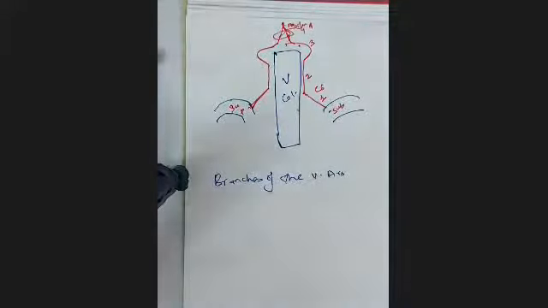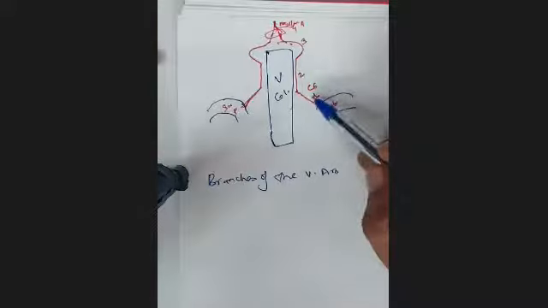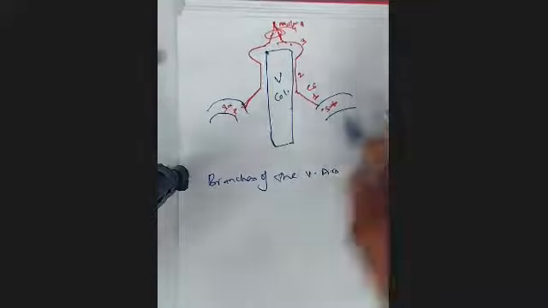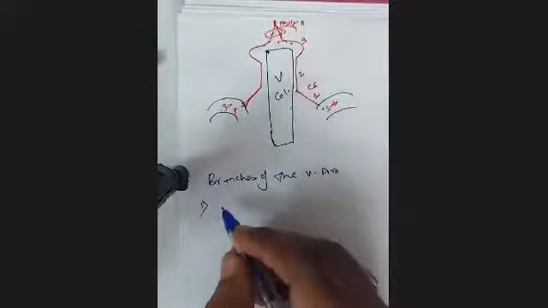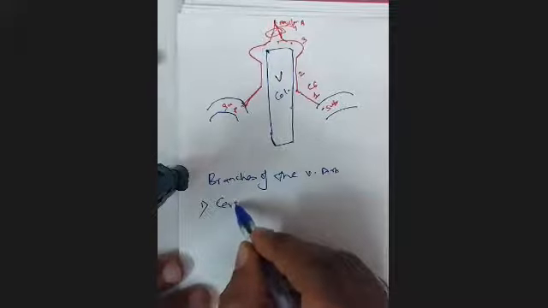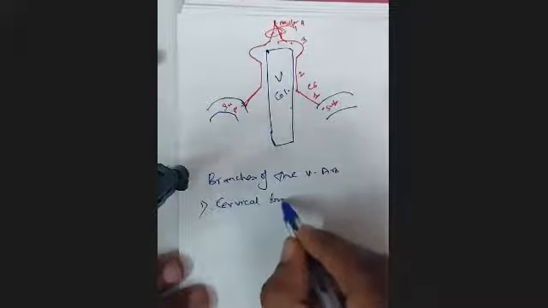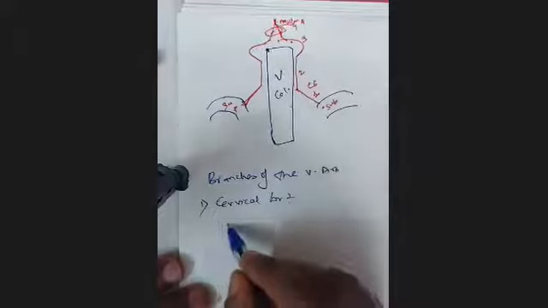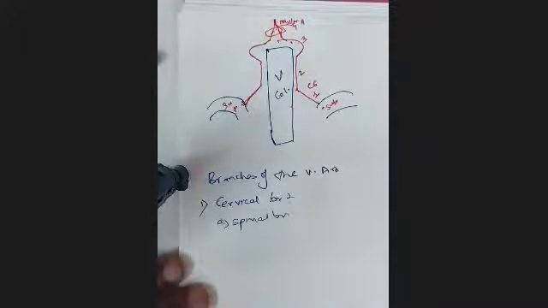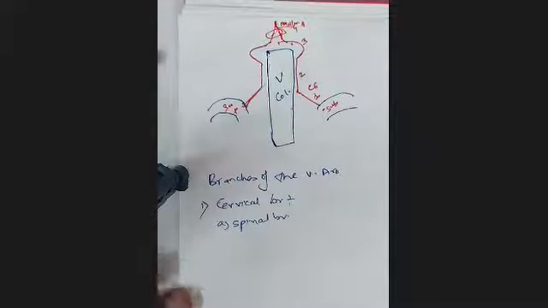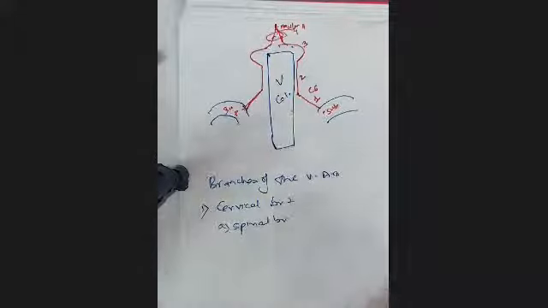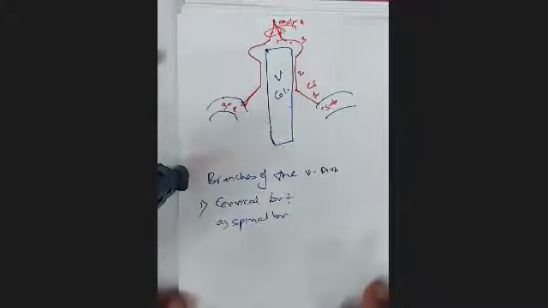Things which must be clear to you till now: first part, second part, third part, and fourth part. It gives few branches in the neck, and those branches are called cervical branches. And they are the spinal branches, which are given through the vertebral canal to the intervertebral foramina.